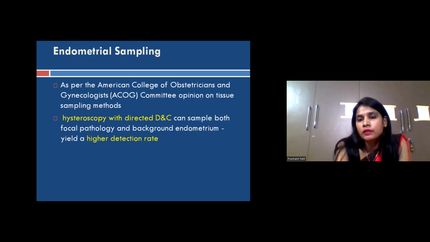Whereas in office biopsy or inpatient biopsy, that is dilatation and curettage, only about 50% of the cavity may be included, and the rest of the 50% may not be biopsied. So there is always a high detection rate with a hysteroscopy guided biopsy.